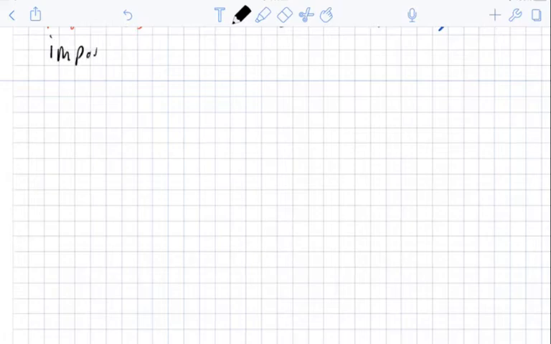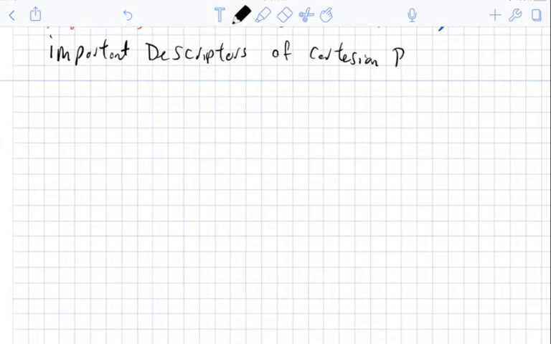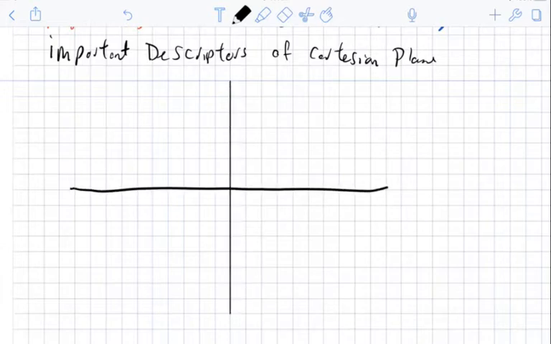Important descriptors of the Cartesian plane. Okay. There's the x-axis, there's the y-axis.